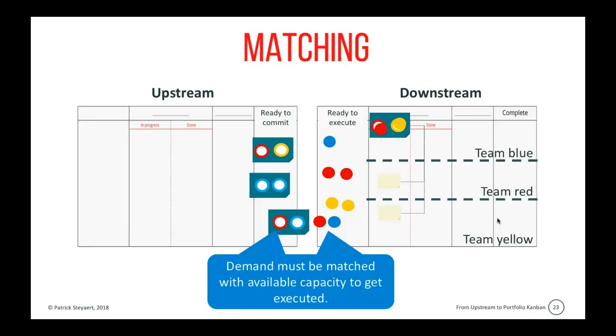And when the teams have finished their work, when the request is finished, we can recycle the red and the yellow token, and that means that we can reuse those tokens, maybe in a different configuration with a blue one, to match with new requests. So we have a continuous matching of capacity and demand with the purpose of synchronizing the different teams so that they can work together to finish requests.